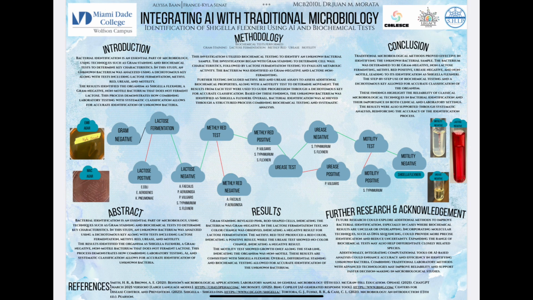The motility test showed growth only along the stab line, which indicates that the organism was non-motile. These results are consistent with Shigella flexneri. Overall, differential staining and biochemical testing allowed for accurate identification of the unknown bacterium.